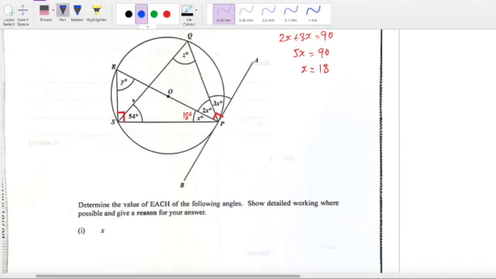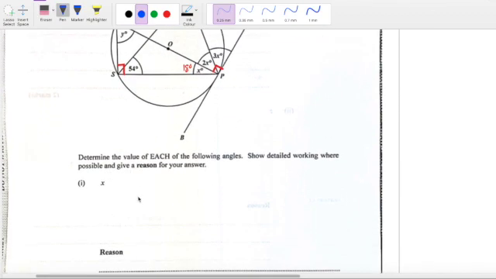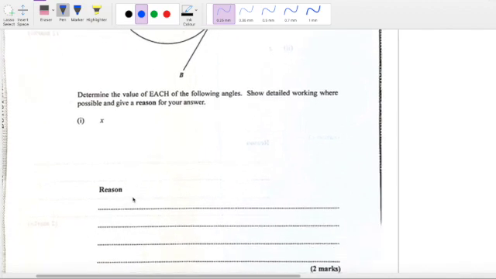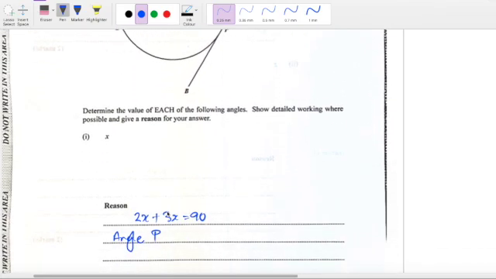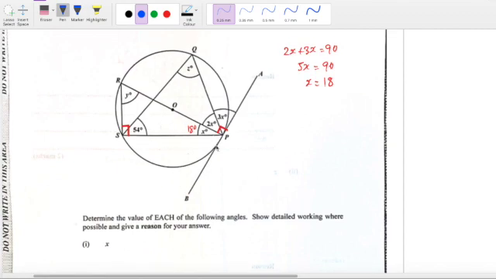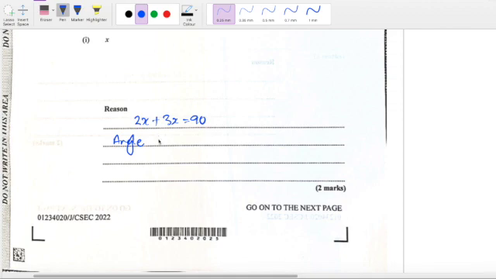So for x, let's just put the reason: that 2x plus 3x is 90, and the reason being that the angle at P, the angle of the tangent with the diameter, equals 90 degrees. And that's a good enough reason there.